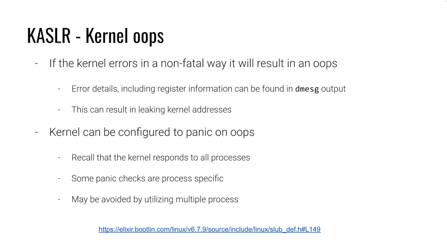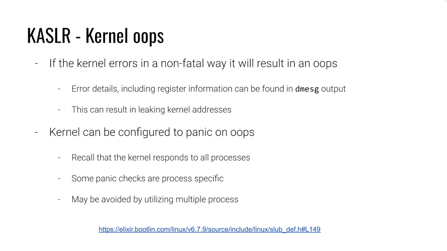So how do you get a leak from the kernel? Well, one way that you can get a leak is by taking advantage of something that is known as a kernel oops. The kernel certainly can encounter errors, right? There could be a bad kernel module, and we don't want the kernel to drastically fail every time a small bug occurs.